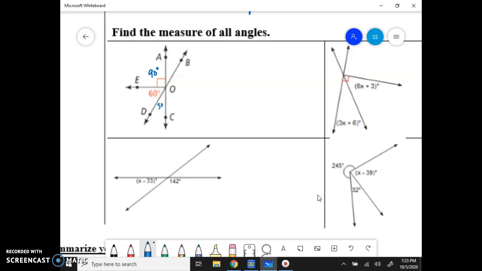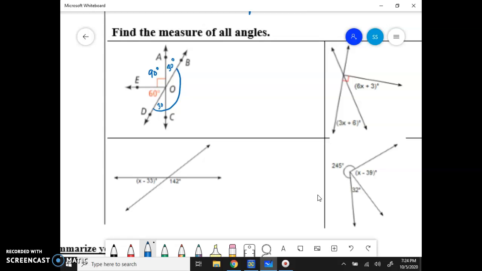All right, this is probably the trickiest one here, so I'm going to go with this one next. We've got vertical angles here, this angle here and this angle here. AOB also has to equal 30 degrees. And the last one here is probably easiest to look at, going from DOB, from here to here.